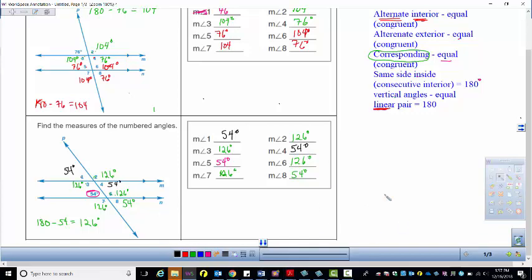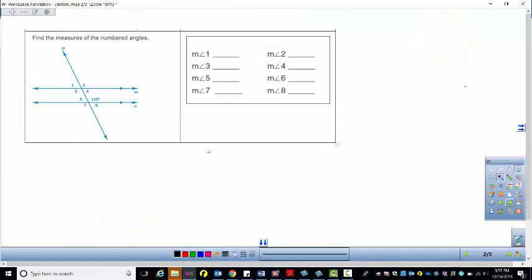Okay, so let's try the last one that you have on your note sheet. It looks like this. This time we know that angle 6 is 115. That's the one that was given. So remember when you're doing these, there are lots of ways to get the answers. I like to do the vertical angles first.